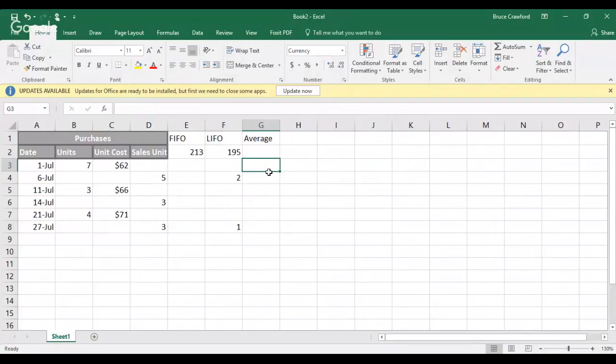So the average is a little more involved. With the average, you will calculate the cost of goods each time you make a purchase. So we'll do that as we go down these columns.